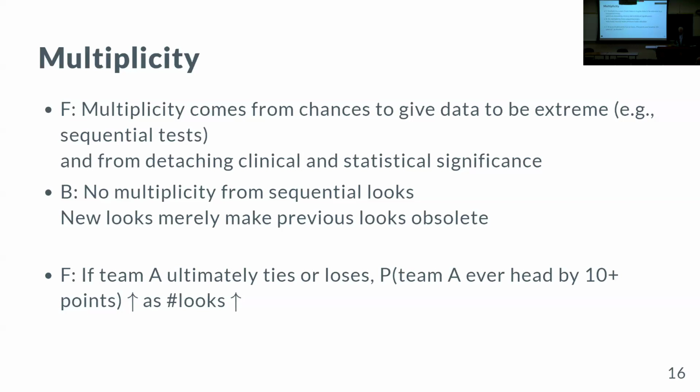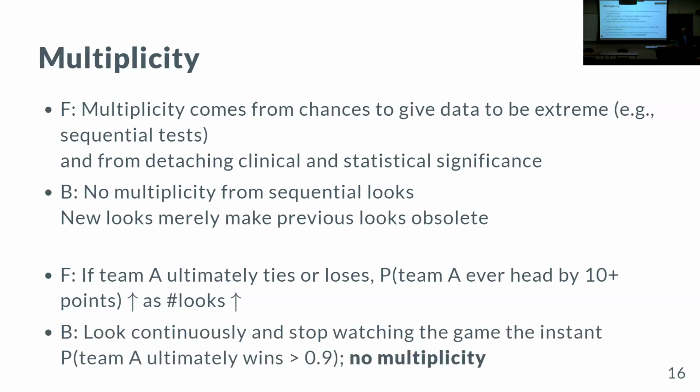That's the frequentist approach. So when you think about it that way, you're definitely going to have a multiplicity problem. And here's a graph that shows that in a minute. And the Bayes says, look continuously, stop watching the game the instant the probability exceeds 0.9 that team A will ultimately win the game. There's no multiplicity whatsoever from that issue.